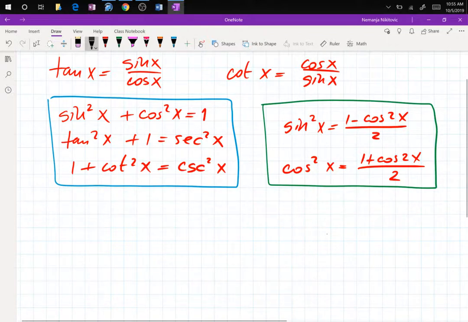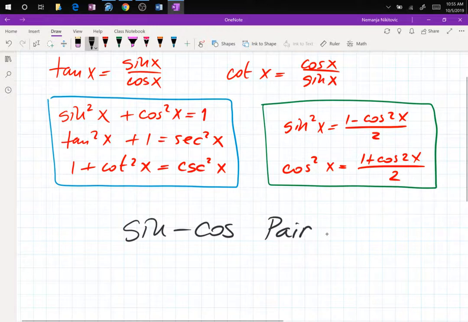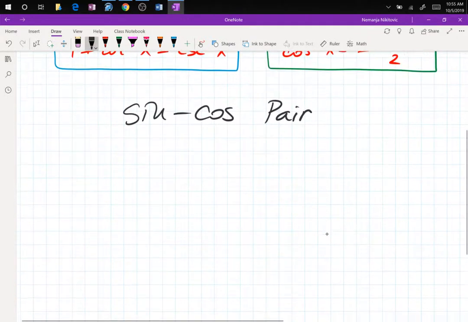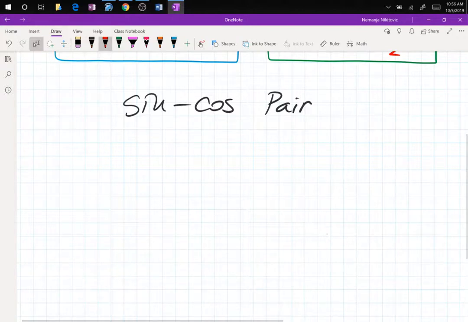So these are the formulas, and now we have the first pair. By the way, the trig pairing goes sine, cosine, secant, tangent, and cotangent, cosecant. You can see that pairing in the blue box, right? The way they are paired also through the derivatives and integrals. So we are first going to talk about the sine-cosine pair. And here you will recall your derivative and integral formulas that you learned all the way back in Calc 1.